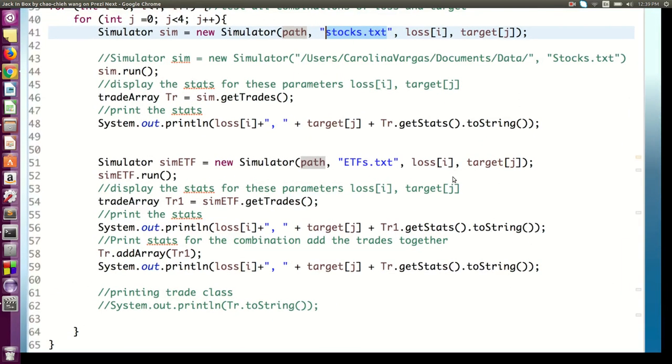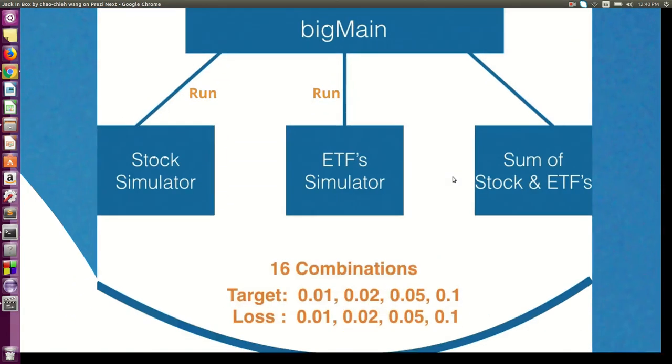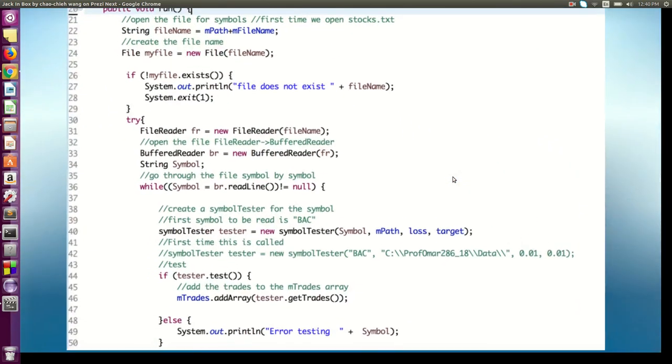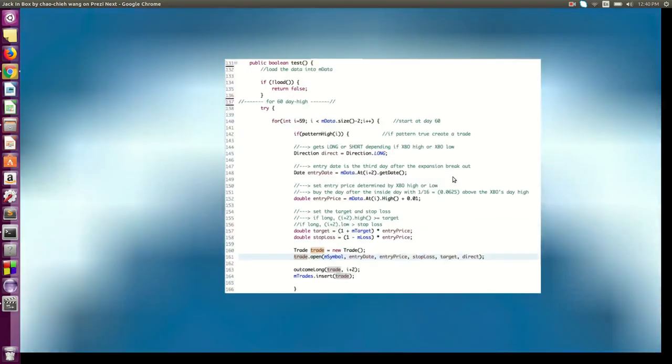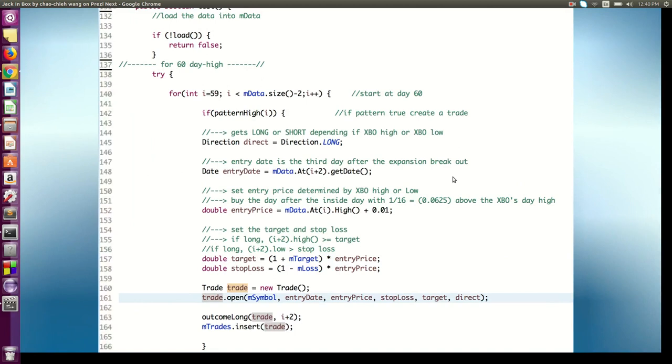In Bigman, we are creating the object of the stock simulator, which will run the run method of the stock simulator. In the stock simulator we will make the object of the symbol tester, which will test all those three conditions of the Jack in the Box strategy and set the entry date, direction, entry price, target and stop loss.